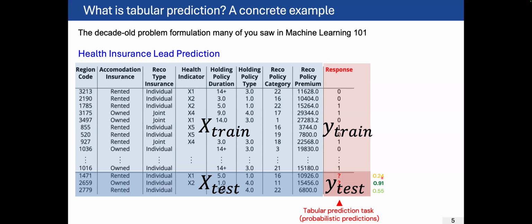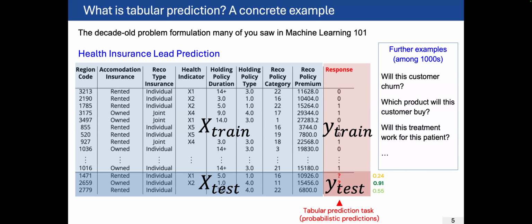For example, say here the response, in this case a positive lead in health insurance lead prediction, would be 24% here, 91%. So you would, of course, call this person first in order to sell them an insurance in this particular case.